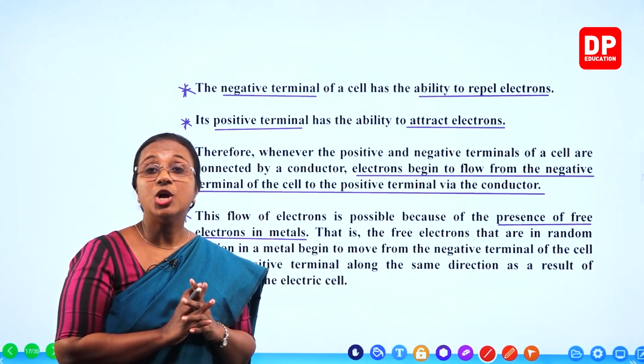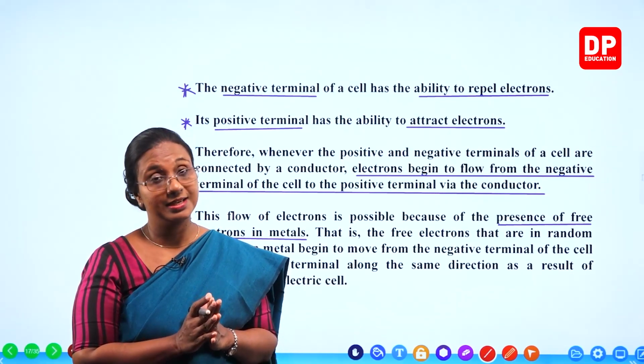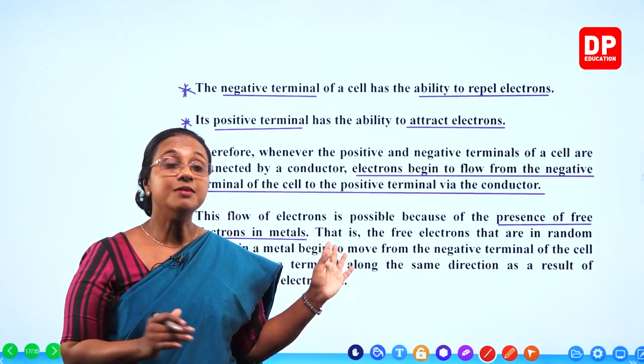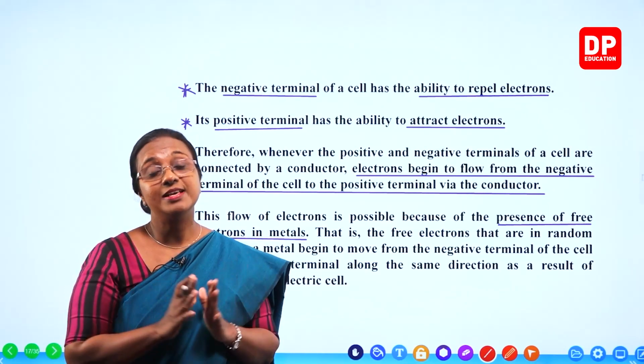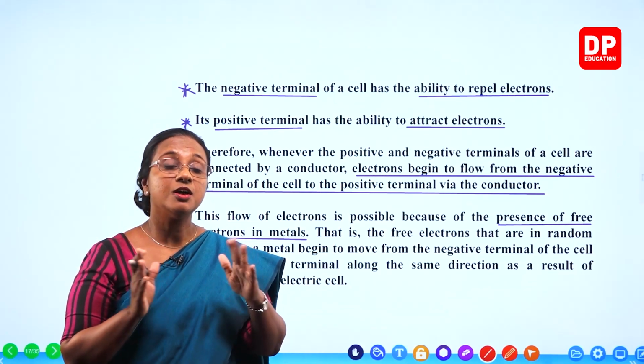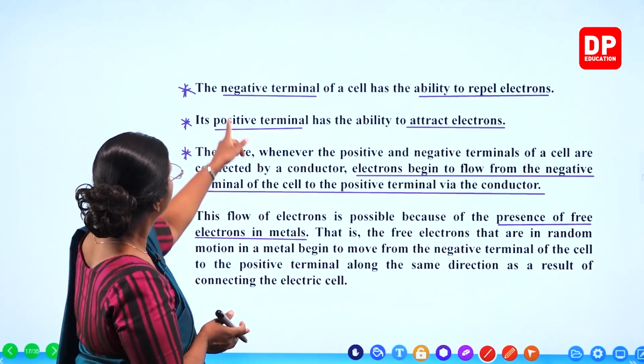So I am sure you all have a good understanding as to the current flowing through a conductor and why metals are good conductors. And always remember, electrons flow from negative terminal to positive terminal. Why?